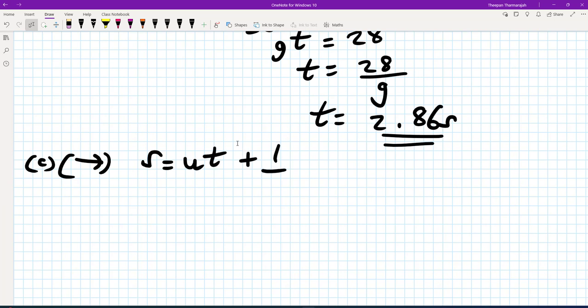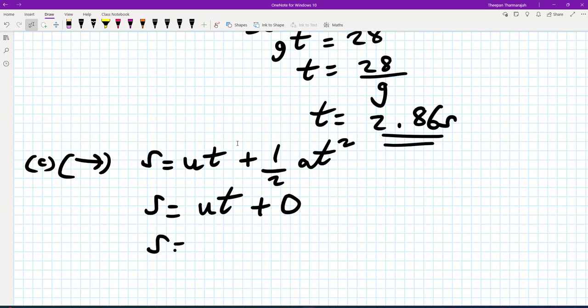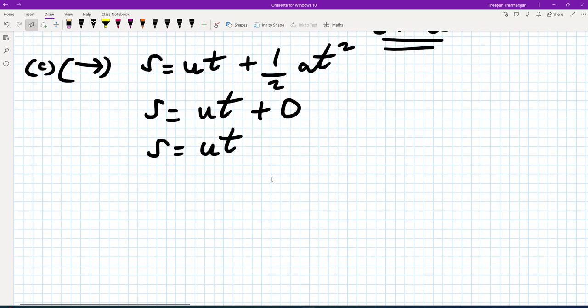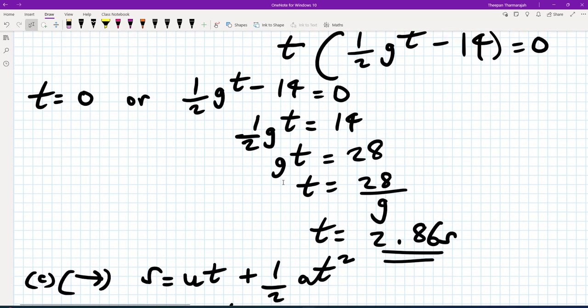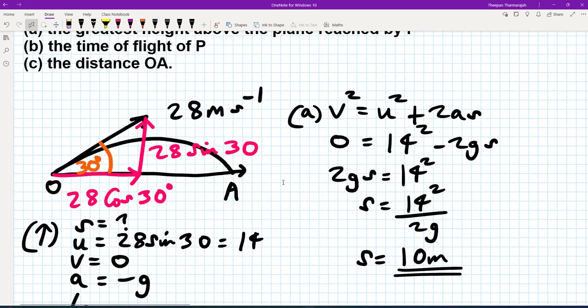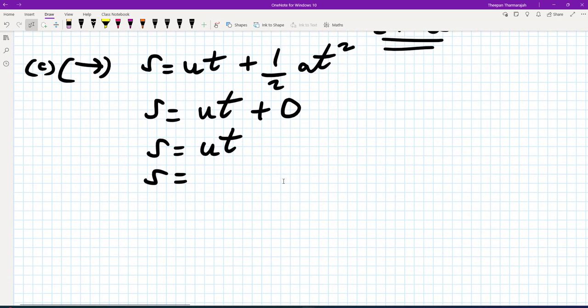Now, if we say it's plus a half at squared, it moves with constant velocity horizontally, so all of that goes to 0. So we can just simply say s is ut horizontally. We know what u is horizontally. It's 28 cos 30, and we know the time.